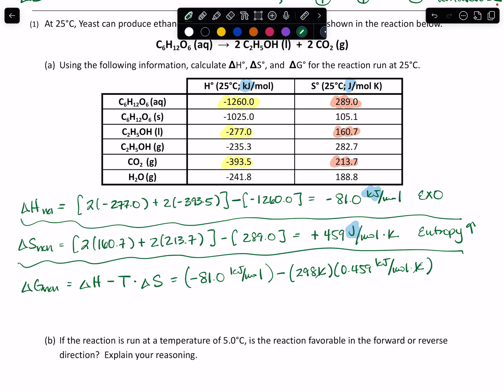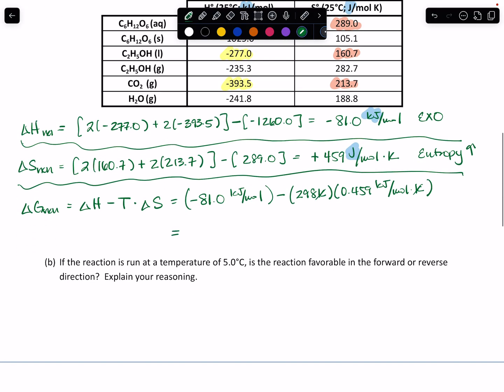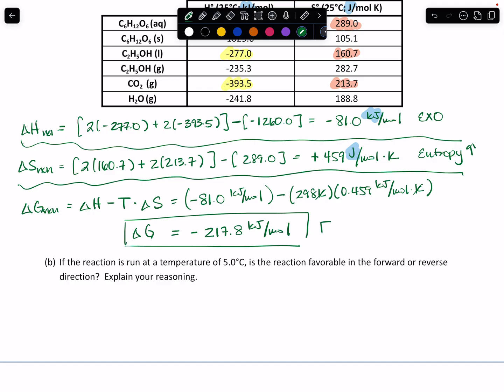So my kelvins are going to cancel, and that'll leave me kilojoules per mole minus kilojoules per mole. I map this out, and I get a value here of negative 217.8 kilojoules per mole. So we can see that our delta G value is negative as predicted. So this is a favorable reaction.